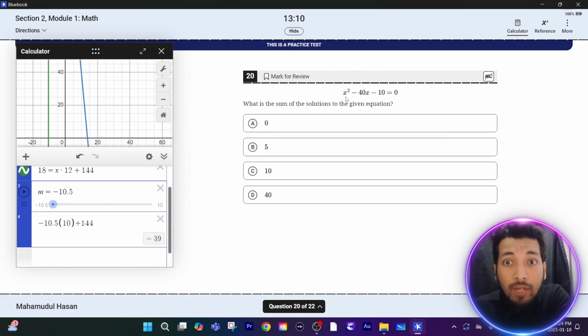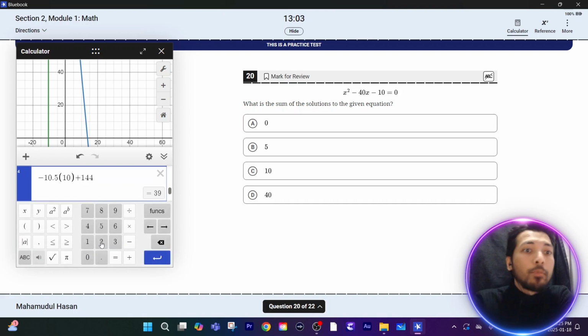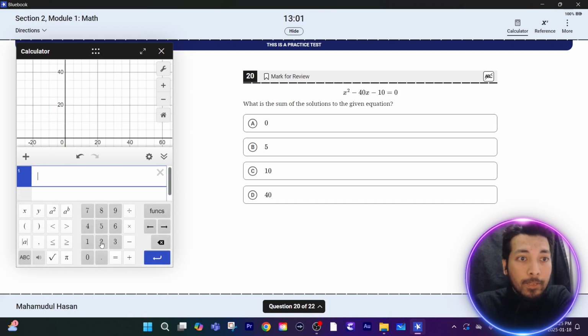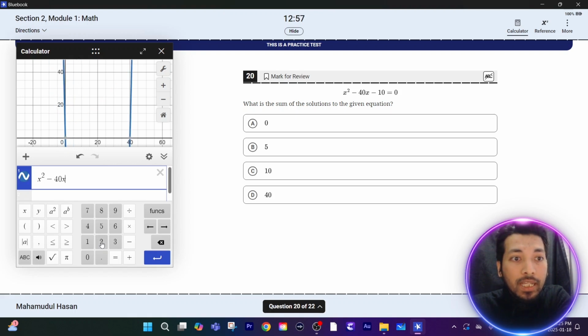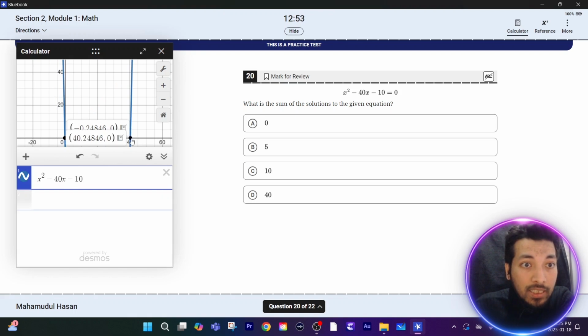Okay, let's look at this problem. We have x squared minus 40x minus 10 is equal to 0. What is the sum of the solutions to the given equation? Pretty easy. We can just do x squared minus 40x minus 10. We can see that we are getting these two answers.